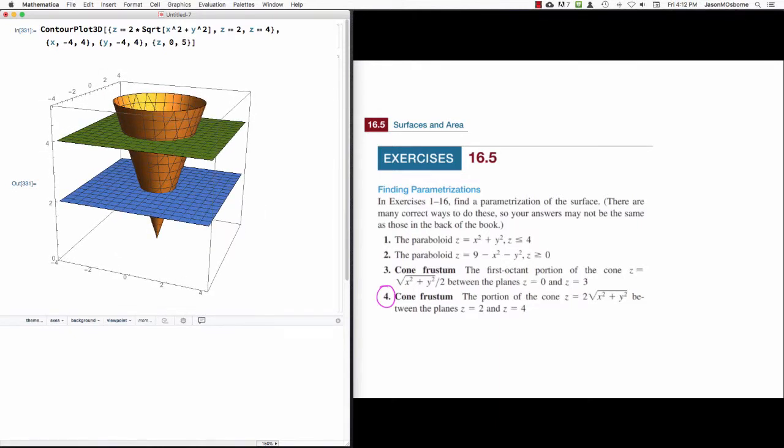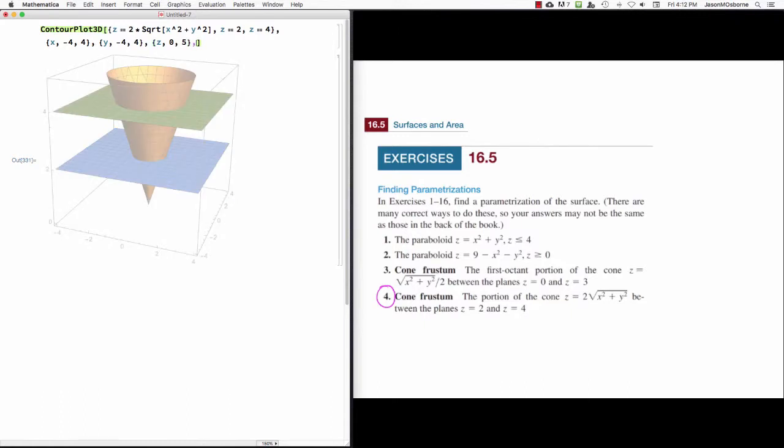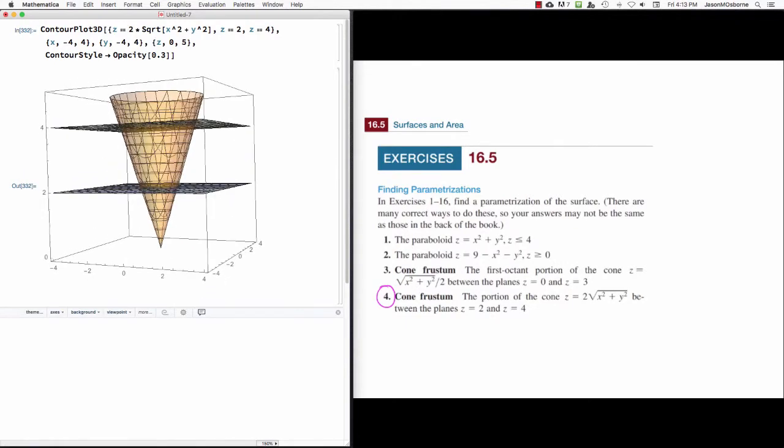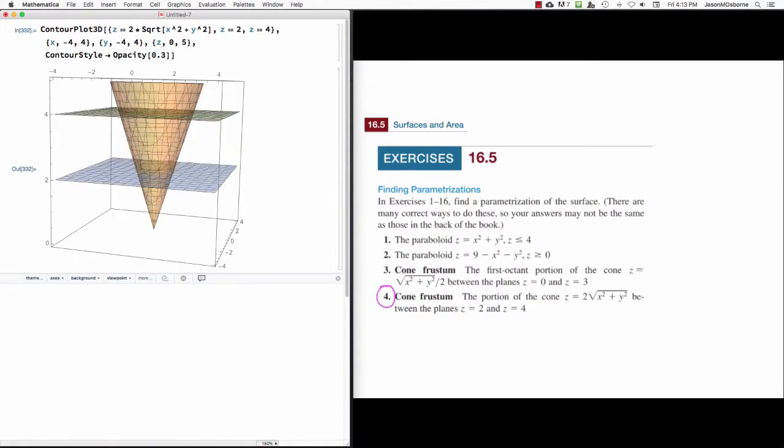We'll go ahead and make each of those a little opaque. So we have these 3 surfaces, and I think the part of the cone that we're trying to describe is the part that is between those 2 planes.